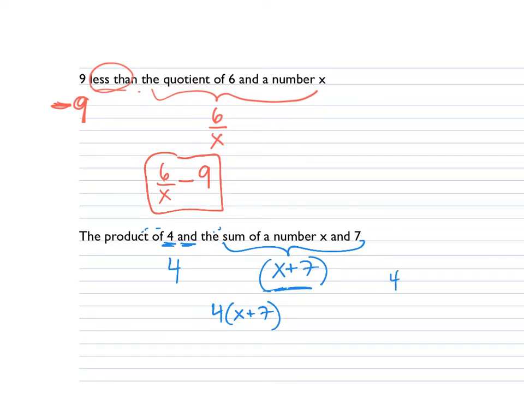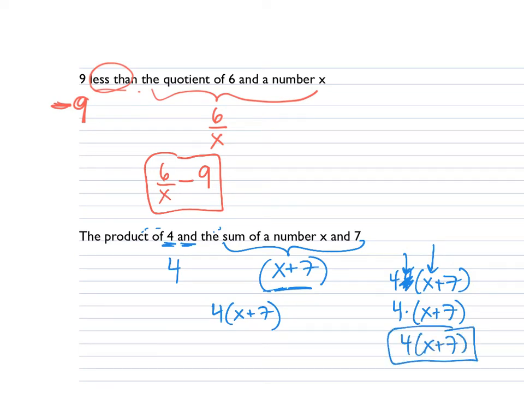Right, with the product, you might think of using an x for times, but look what happens here. If you put that x there, you get confused between this x and that x. So don't write that x. You can put a dot, but that's just excessive. This is the answer, just 4 times the quantity x plus 7.